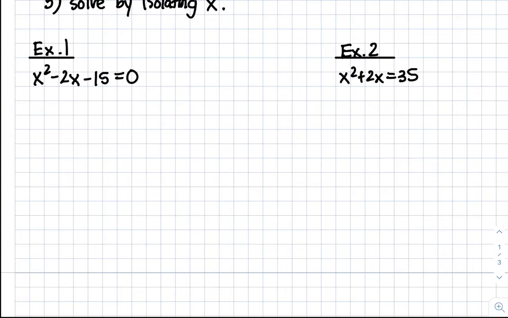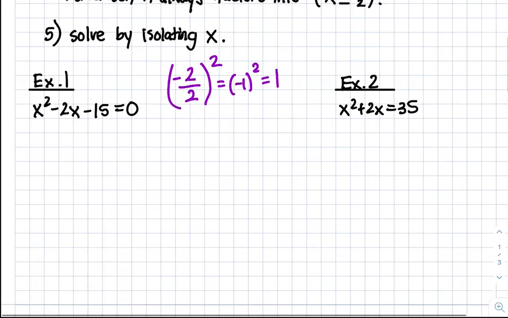We take the coefficient of the x term, which is negative 2, halve it, and then square it. So negative 2 over 2 is negative 1, and negative 1 to the second is just 1.